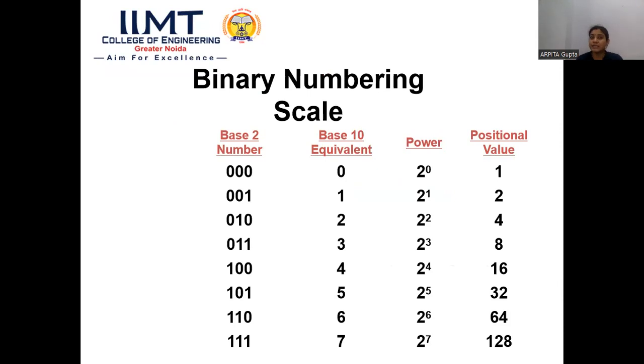For decimal number 1, the binary power is 2 to the power 1 and the positional value is 2. For decimal number 4, the power is 2 to the power 4 and the positional value is 60. For decimal number 7, the power is 2 to the power 7 and the positional value is 128. And in the binary number system, 7 is represented as 111.